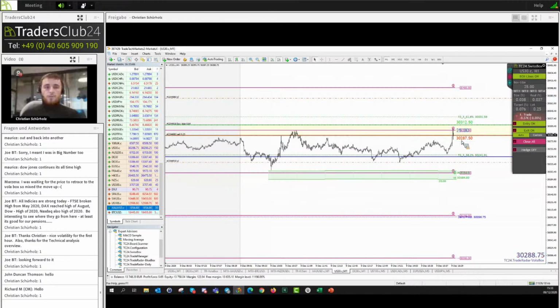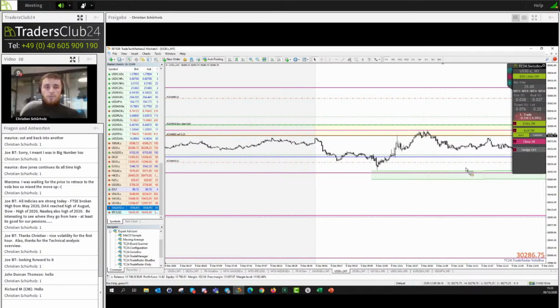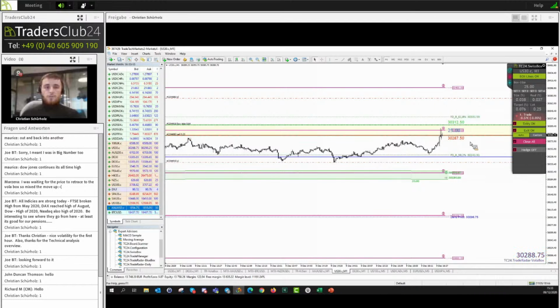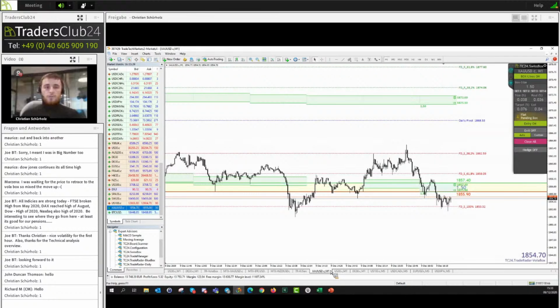So box is activated. Just triggered our first order there. Big number trade here. And what's that? 3,300. And we still got our pending box here on that vola box area.